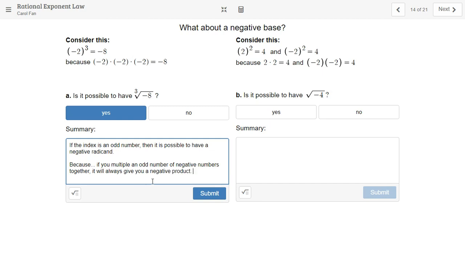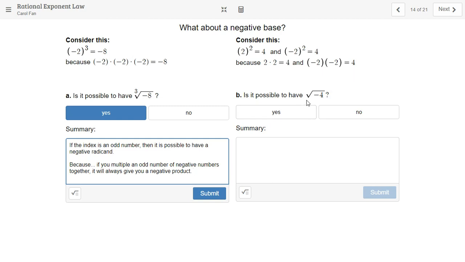So if you have an odd number of negative numbers multiplied together, it's always going to give you a negative product. Now consider this. What if you have 2 to the power of 2 is equal to 4? If I have -2 squared, this is also equal to 4 because +2 times +2 is 4, and -2 times -2 is also 4.